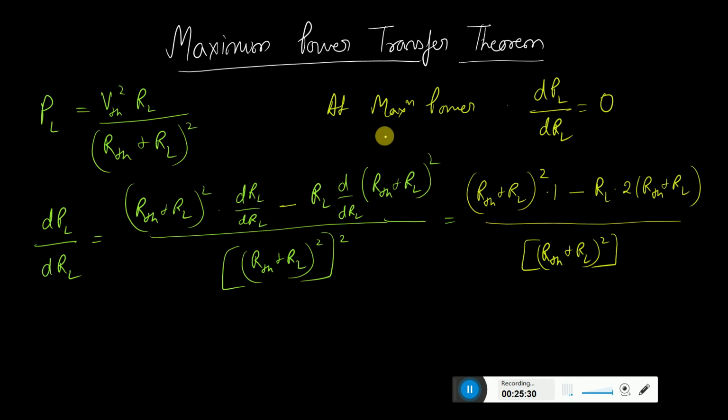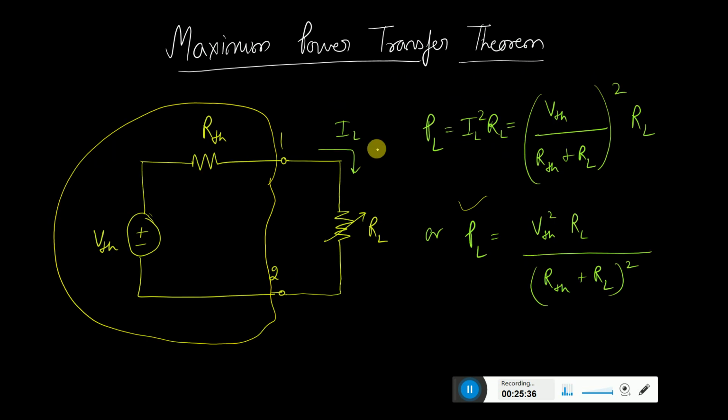Now, for maximum power, what you will observe is that if the term RL is variable, suppose we have a derivative like dy by dx or dy by dt. At what value of time is y maximum?